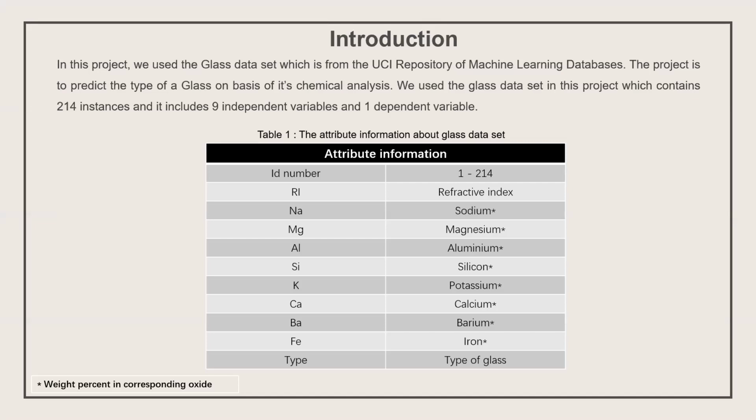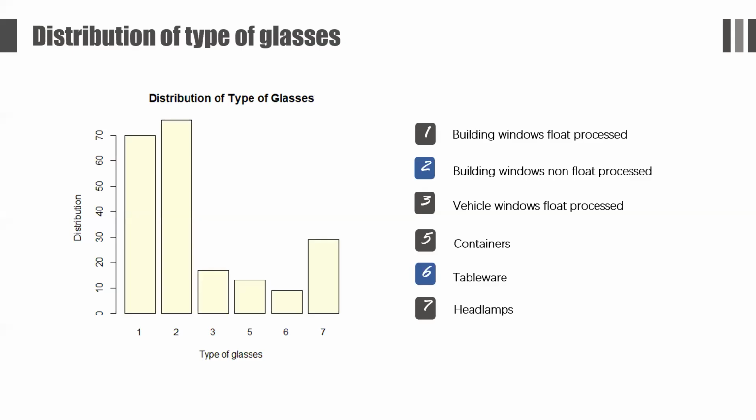Table 1 shows the attribute information about the GLASS dataset. The next slide shows the figure of the distribution of the type of glasses. The distribution of each type of glass is different. Our dataset is unbalanced. On the right, each number corresponds to a different type of glass. For example, the number 1 means building windows float processed.